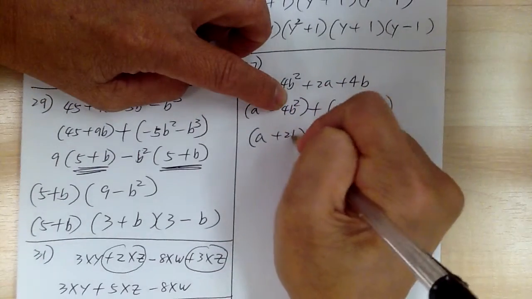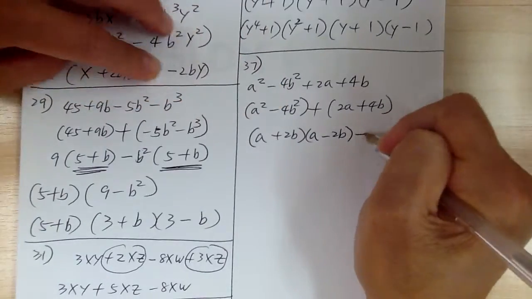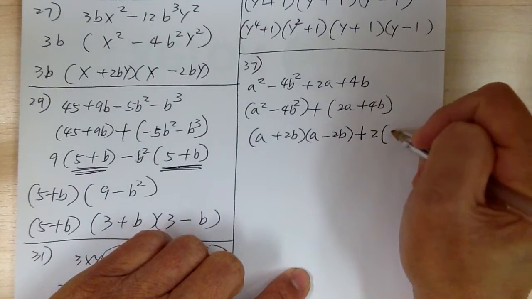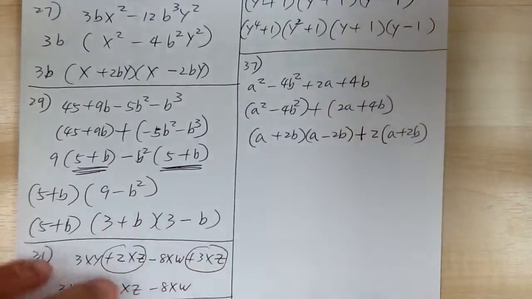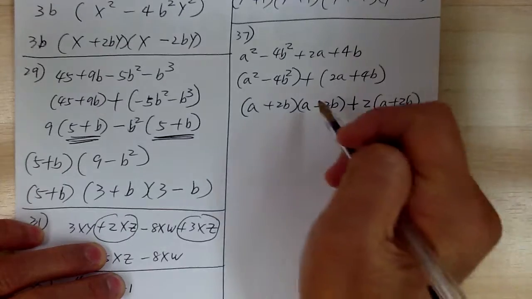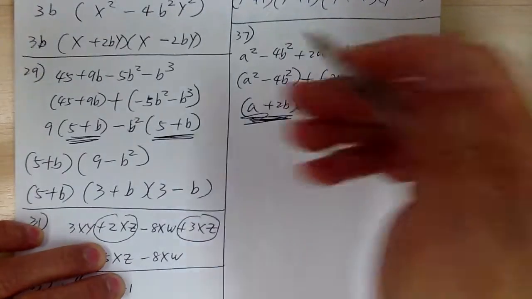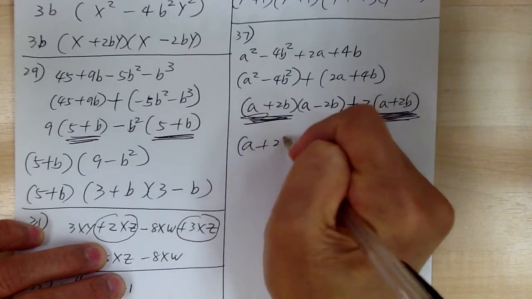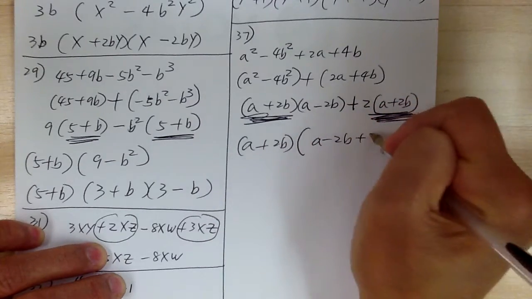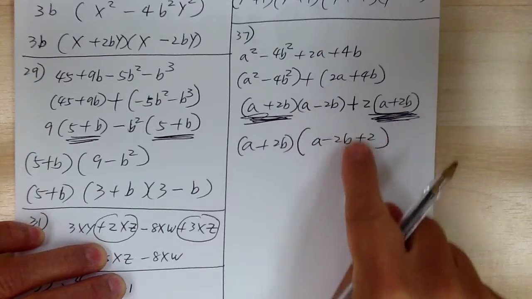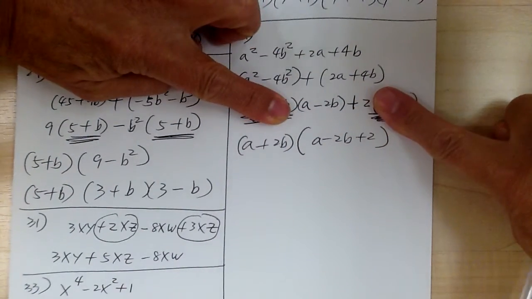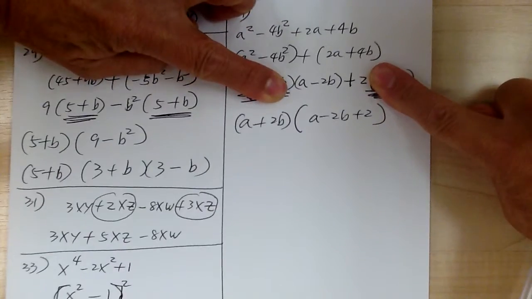This one I need to get 2b times 2b. Okay, over here I need to factor out the 2, and I get a plus 2b. Okay, so now notice this one I have a plus 2b. I got a plus 2b. So a plus 2b comes out. And the leftover would be a minus 2b plus 2. Okay, these are the leftover. So again, when I take it out, it's gone, right? So that's how I get the a minus 2b plus 2.